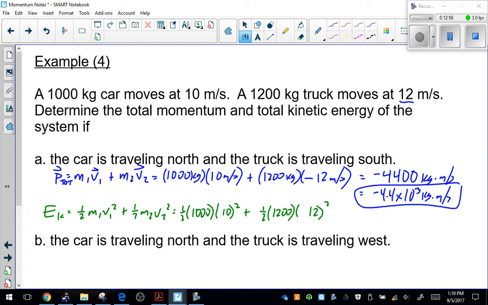Except that we're not looking for velocity and momentum. We're looking for speed and kinetic energy. And speed and kinetic energy are scalars, right? So we don't include any direction, no matter what they are. 10 squared times 1,000 is 100,000, times 1/2 is 50,000. Plus 12 squared is 144 times 600, we get 86,400 there.